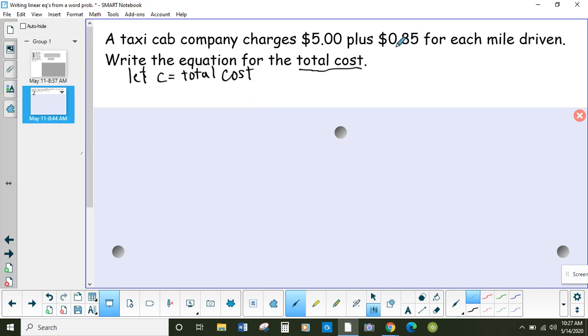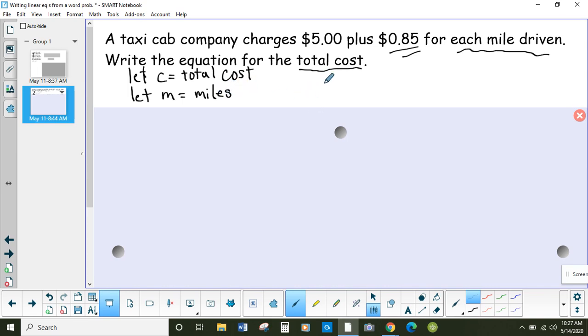Well, what else is missing? It says you're going to pay 85 cents each mile driven. So we don't know what's going to vary: how many miles we drive, right? Sometimes they'll drive you 1 mile, sometimes they'll drive you 10 miles. It depends where you're going. So since that varies, we use a variable there. So I'm going to let another letter, whatever letter it is, we'll say M for miles. M equals number of miles driven. And we'll just say miles for short.